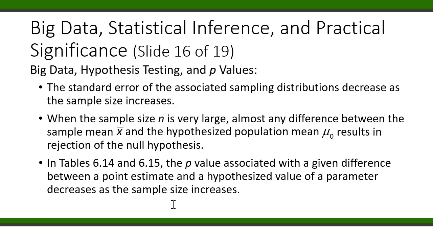We'll look at the next two tables and see the p-value associated with a given difference between a point estimate and the hypothesized value of that parameter decreases as the sample size increases, which is the same thing as I've been saying before. Everything becomes significant, and you typically reject the null hypothesis.